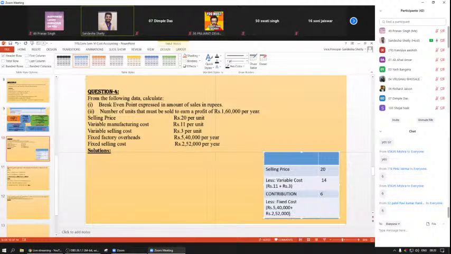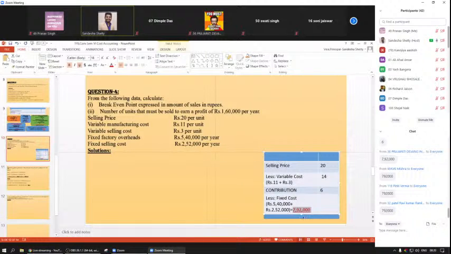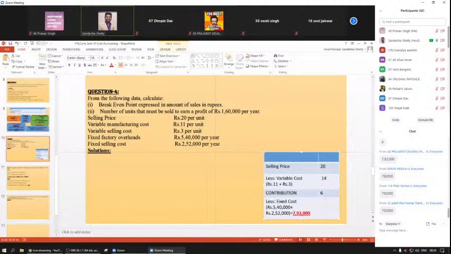What is the total? It is 7,92,000. Please remember, we cannot write it in the outer column because this is the total amount, not the per unit amount. It's not per unit, it is total. Let's keep it in the inner column. I hope it's clear.